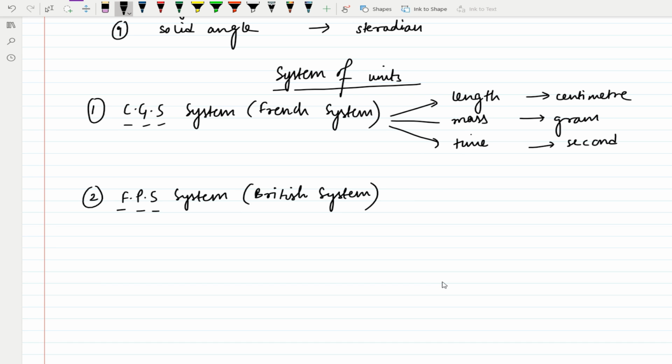So unknowingly also we are still using it. So in this, length had the unit foot, mass had the unit pound, and time had the unit second.